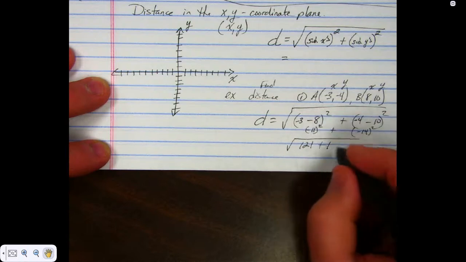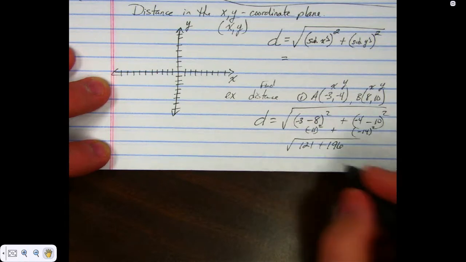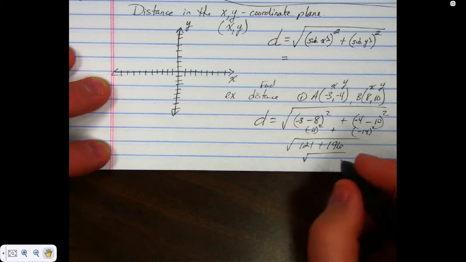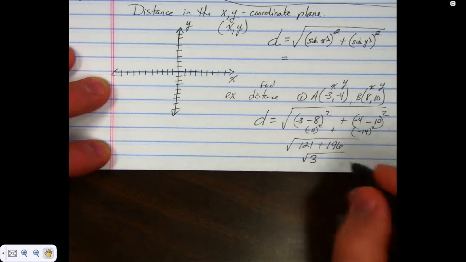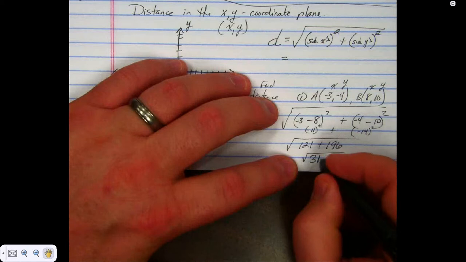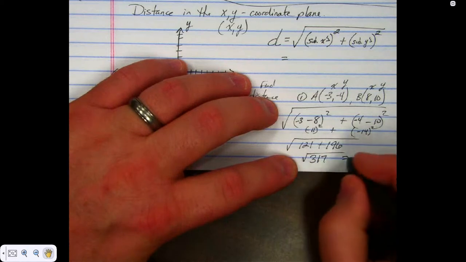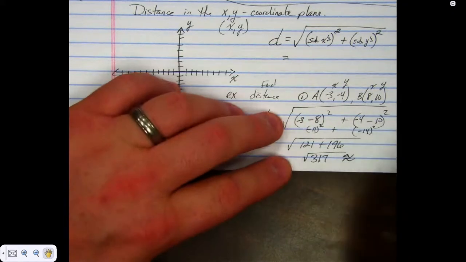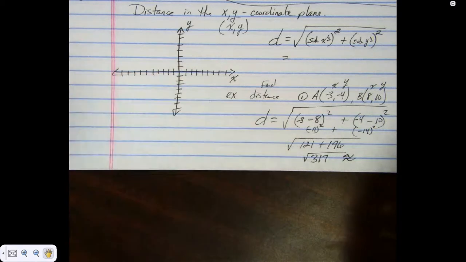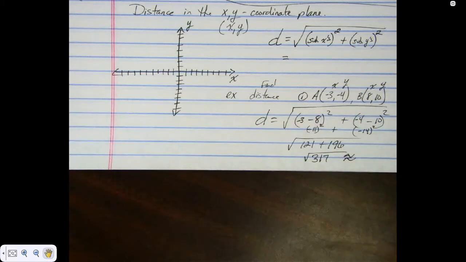Plus 196. So you get the square root of 317. What is that approximately? It's about 3 decimal places. Hold up, I got you, coach. Does your phone have that on? 17.804.